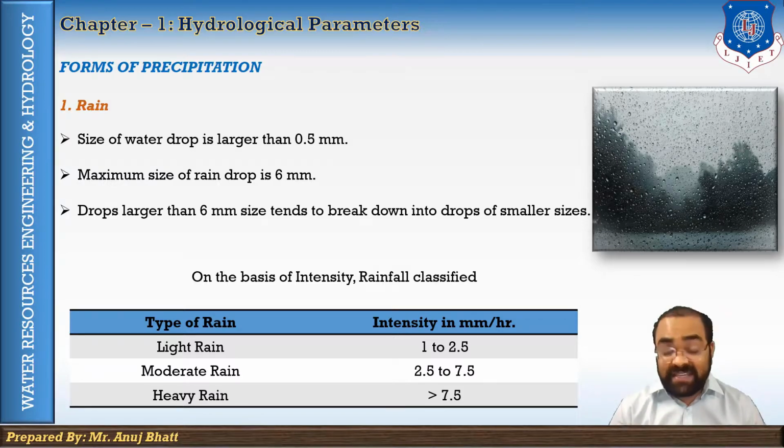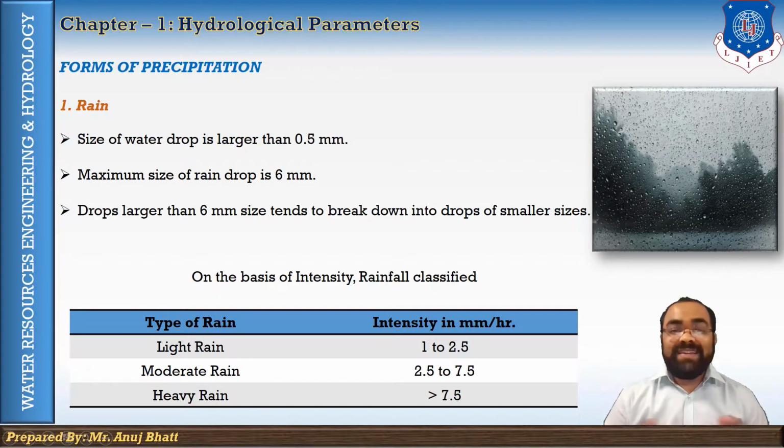If the intensity increases from 2.5 to 7.5, it is considered moderate rain, and an intensity beyond 7.5 millimeter per hour is considered heavy rain in that region. In this figure you can observe the rainfall particles.